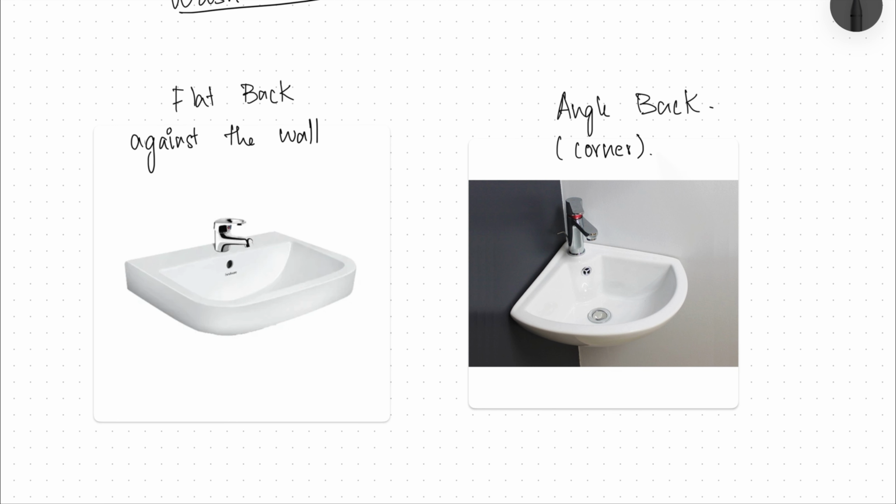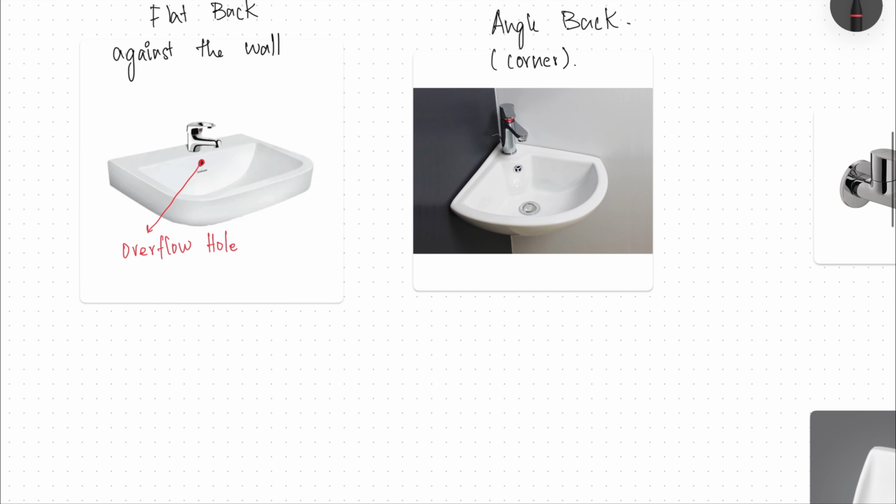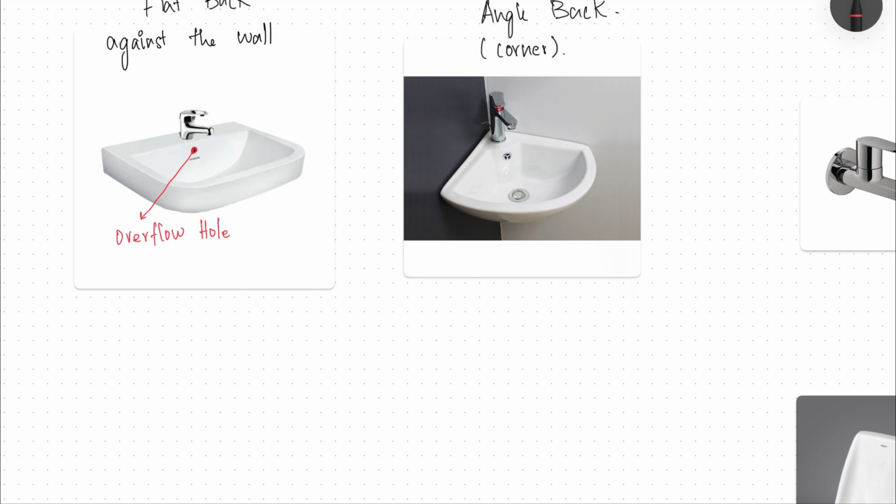And this hole that you see here is your overflow hole, which means when the sink is overflowed with water, it flows via that overflow hole and it is taken down the drain. The top rim of the wash basin should be around, let us say, 0.75 to 0.8 meters from the floor.